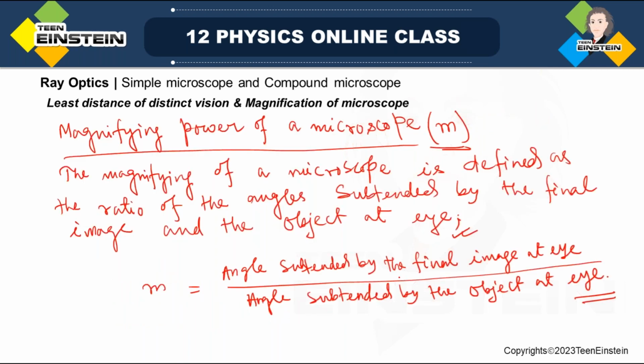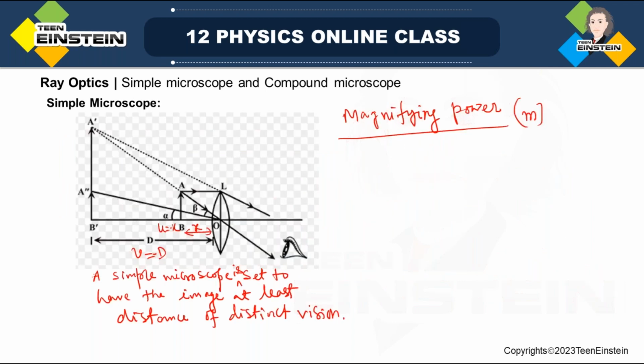It is the angle subtended by the final image at the eye. So the final image is this A prime B prime. It subtends an angle at the eye, which we can take at the optical center. This whole angle is beta. You can see that.